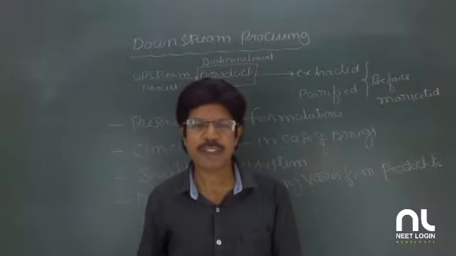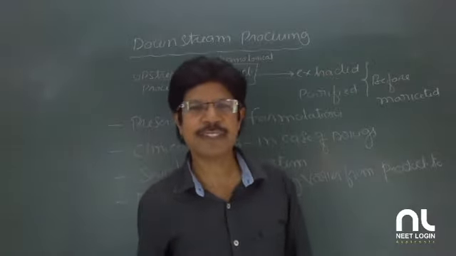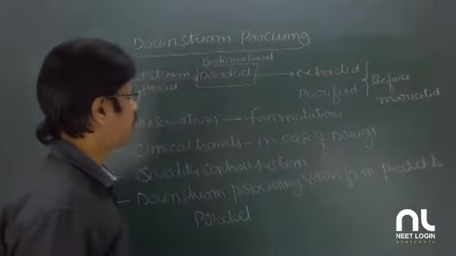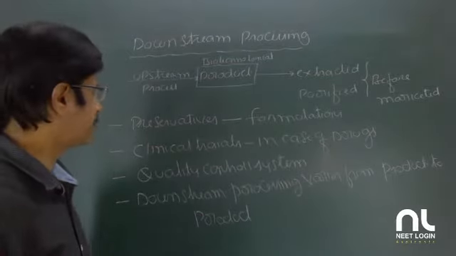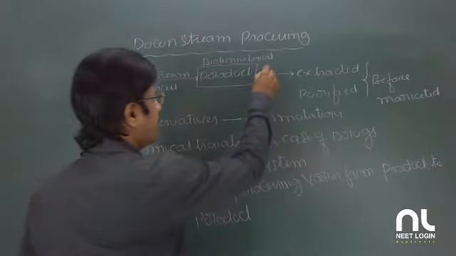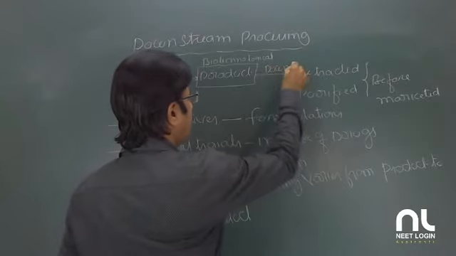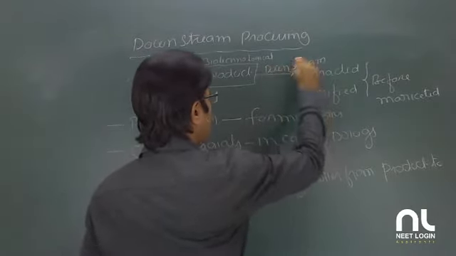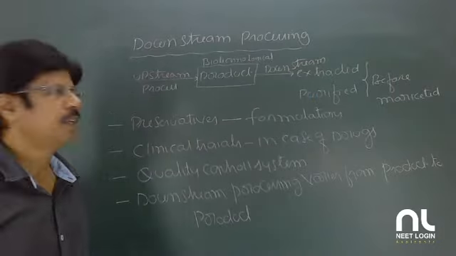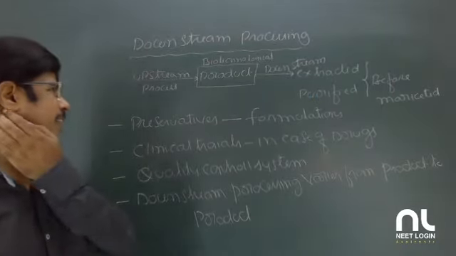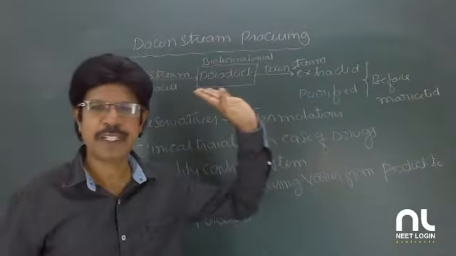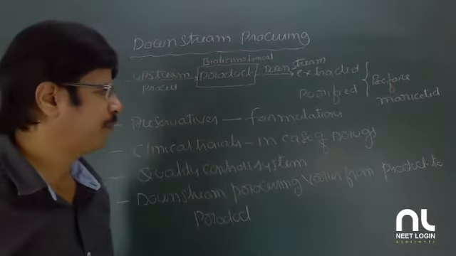Downstream processing varies from product to product. So this is upstream, that is downstream. Downstream processing is done after the biotechnological product has been obtained.